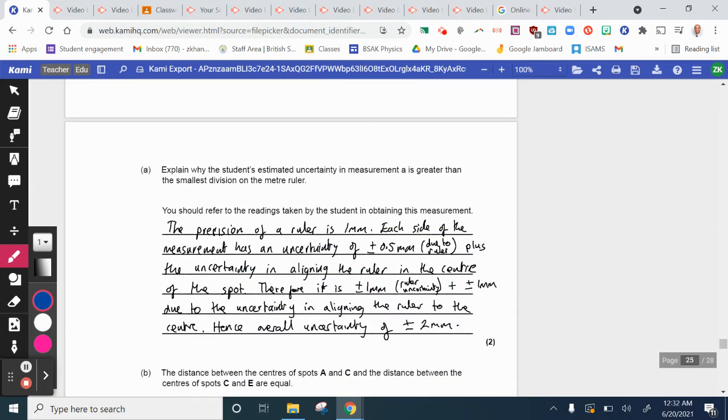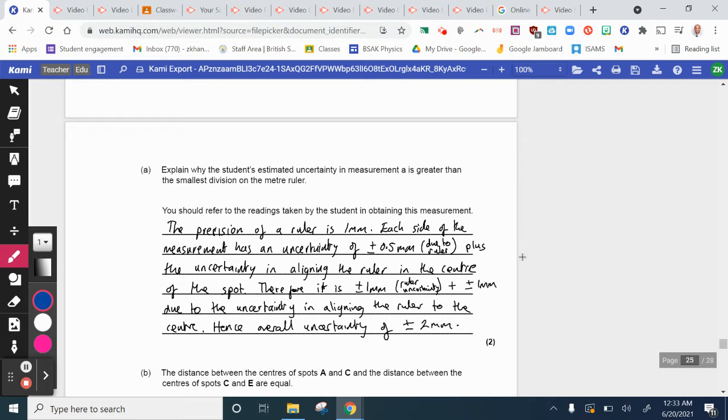Each side of the measurement has an uncertainty of plus or minus a half millimeter due to the ruler, plus the uncertainty in aligning the ruler to the center of the spot.